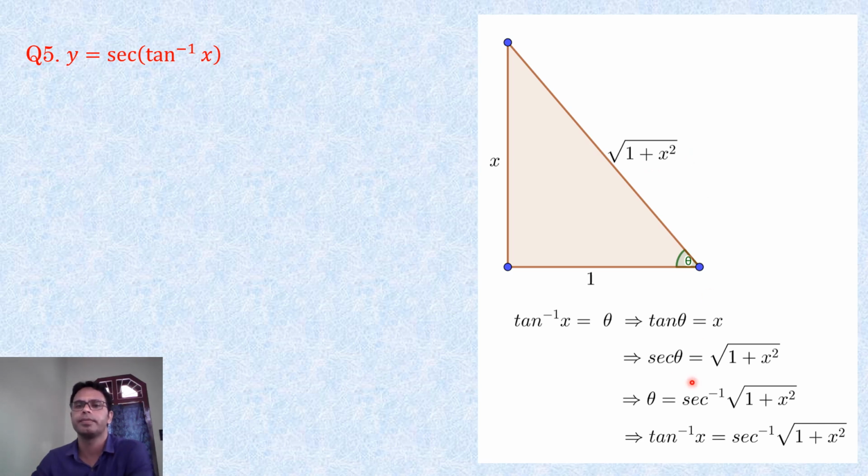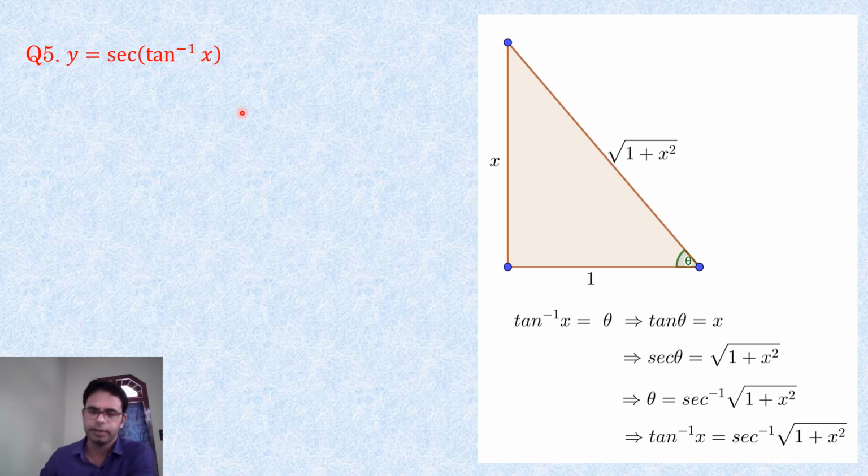So theta will be sec inverse of root over 1 plus x square, but theta was tan inverse x, so tan inverse x is equal to sec inverse root over 1 plus x square. So very simple method actually. Now in place of tan inverse x, you can write sec inverse root over 1 plus x square.